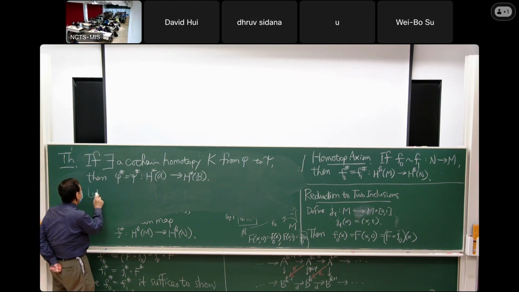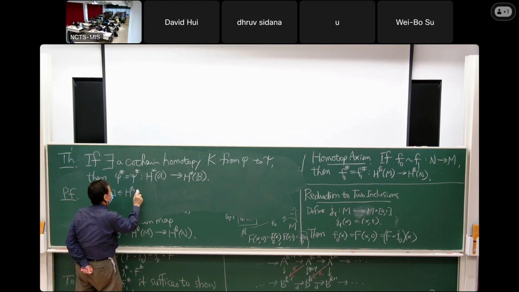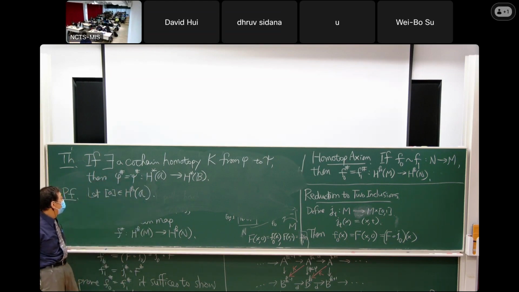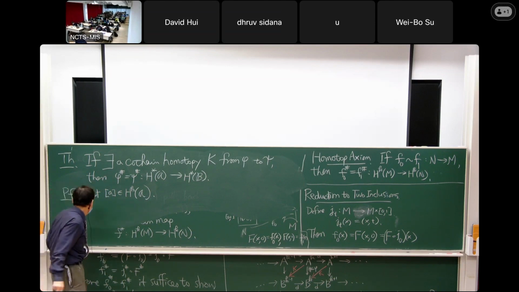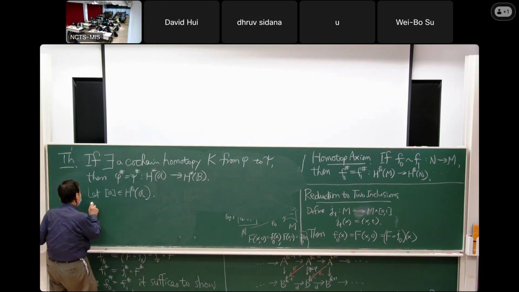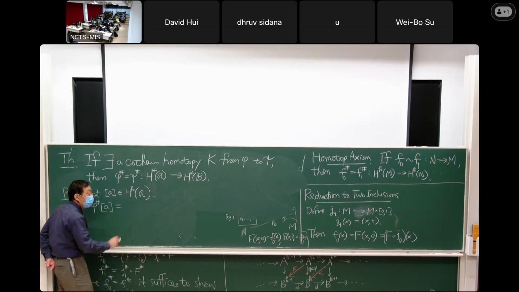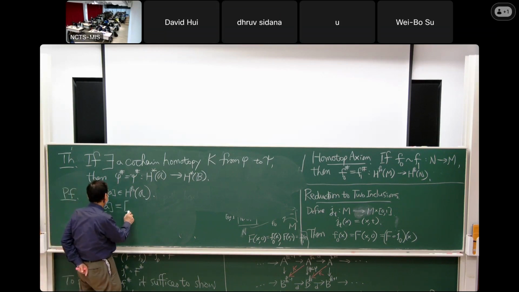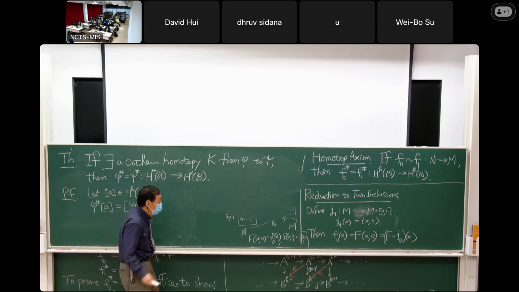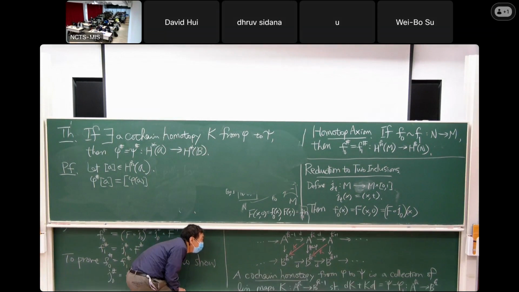Let the class of A be a cohomology class of the cochain complex A, and then we look at phi hatch of A, and by definition, it is the class of phi of A. Okay, but we have a cochain homotopy.